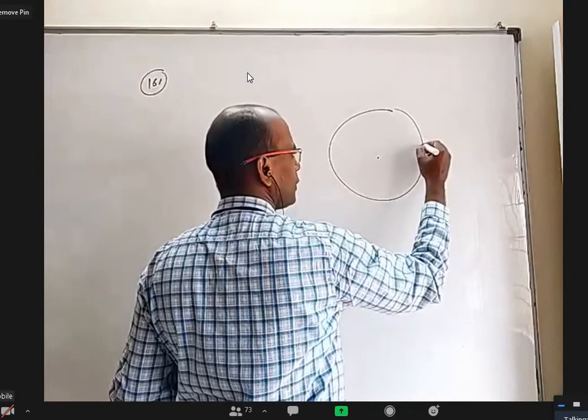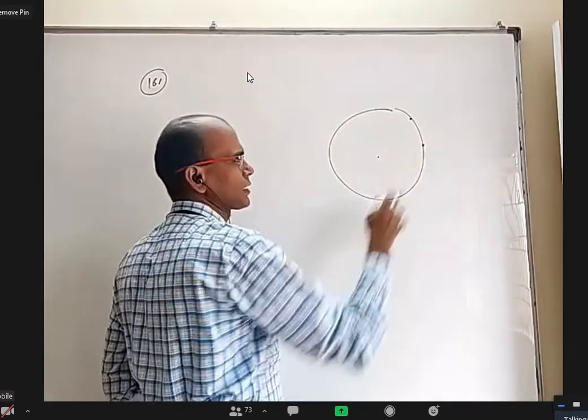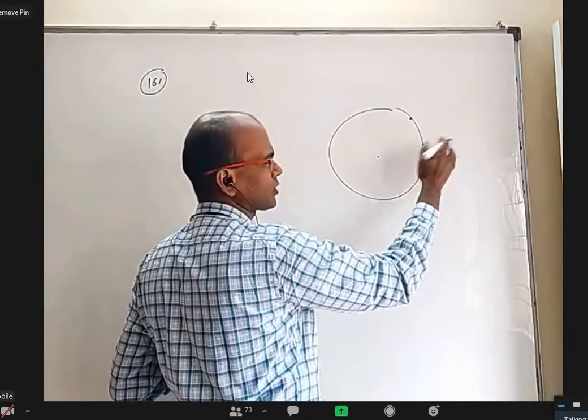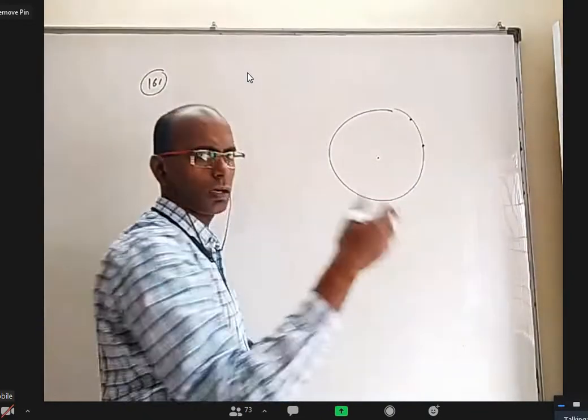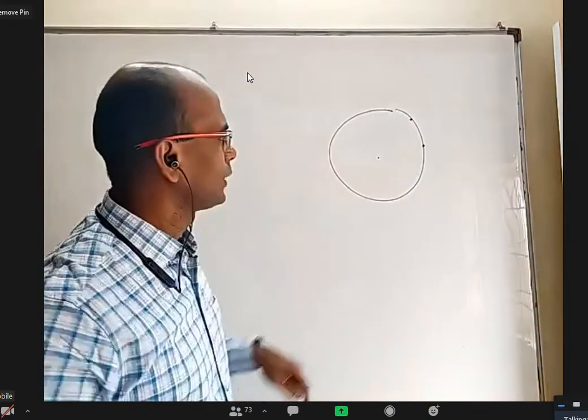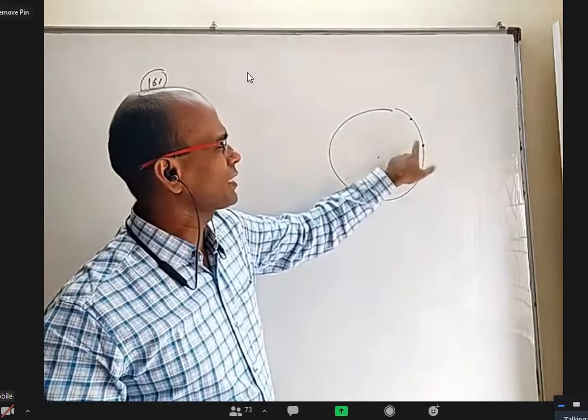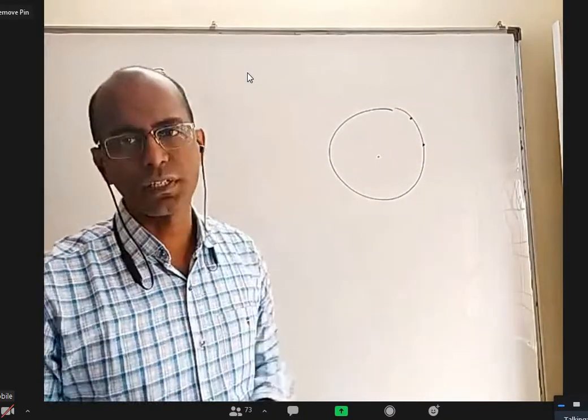There are 2 points. This will be in the form of r cos theta comma r sin theta. This also in the form of r cos theta 2 comma r sin theta 2. The parametric angle of this and the parametric angle of this differ by 60 degrees.